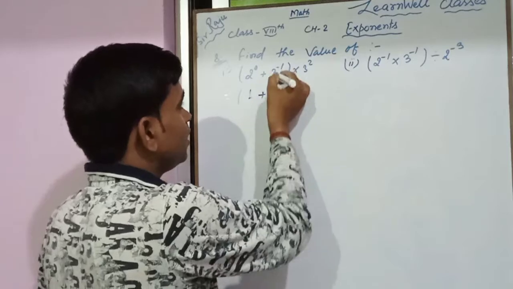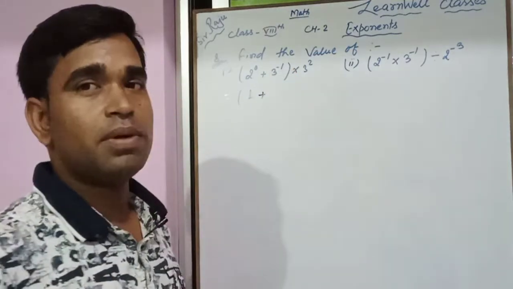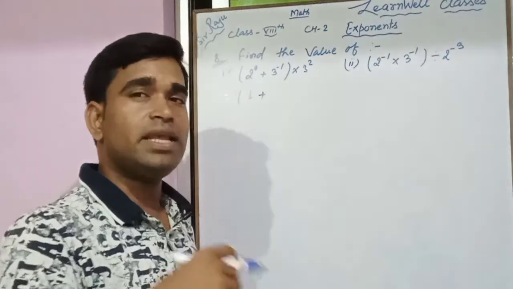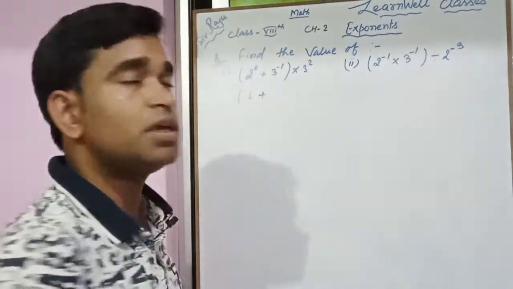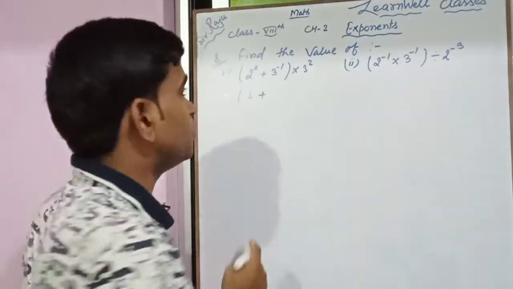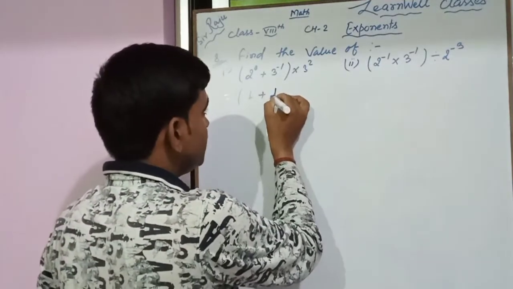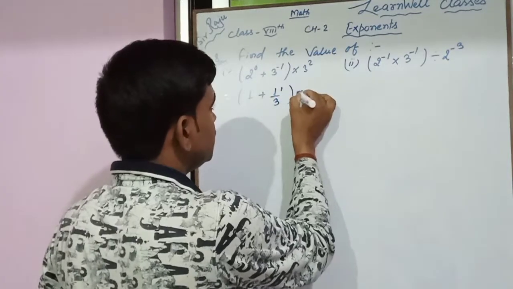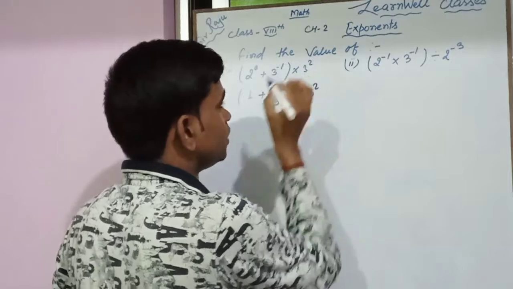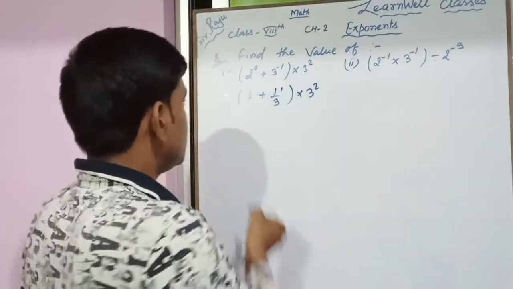So 3 raised to the power minus 1. When any exponent is in negative form, then it will be changed into reciprocal form. So it will be 1 upon 3 raised to the power 1 into 3 raised to the power 2.